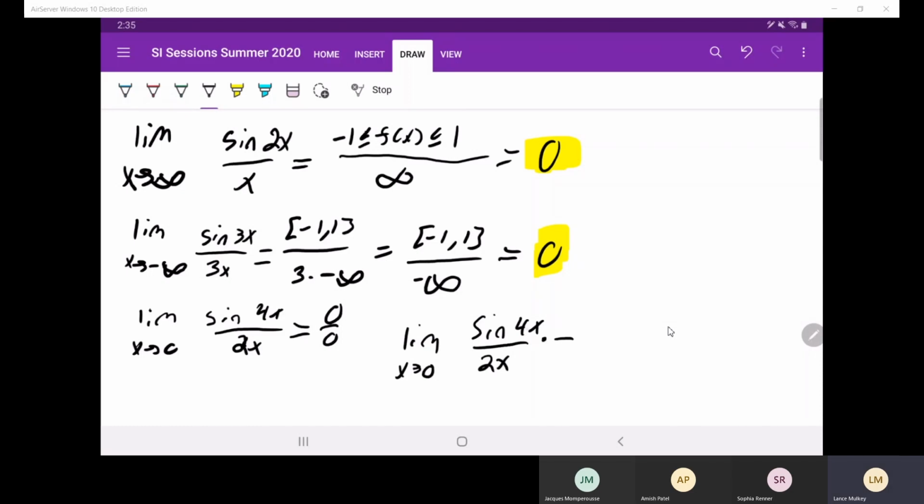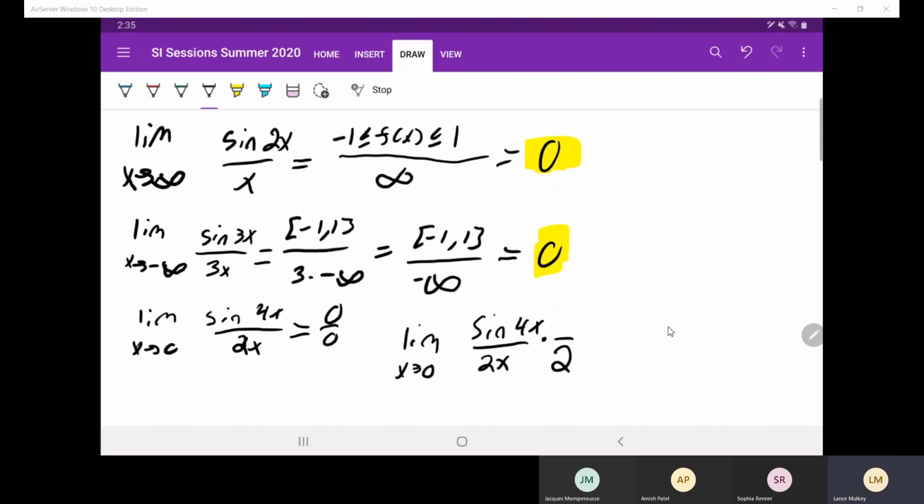Well, you have a 4x right here, so you need a 4x on the bottom. So what can you multiply the bottom by to get that to equal 4x? A 2, right?